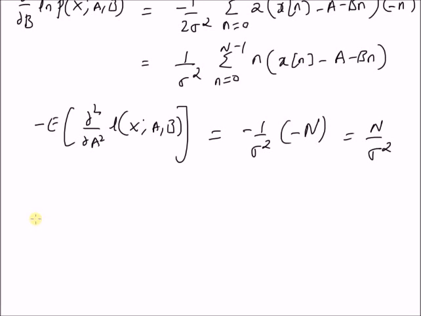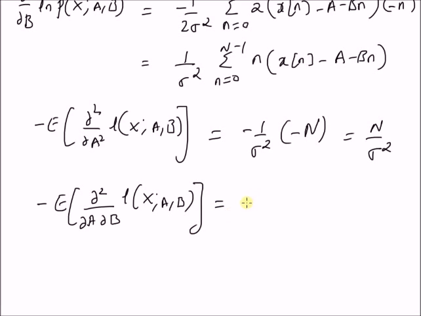Next, the off-diagonal elements of the Fisher information matrix are defined as negative expectation of the second derivative with respect to a and b of the log likelihood function. This is determined as the derivative of this term with respect to parameter a, which is minus 1 by sigma squared summation n equal to 0 to N minus 1, where the derivative of x of n with respect to a is 0 and b times n is also 0, so we have minus n.